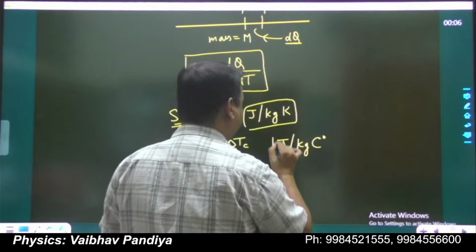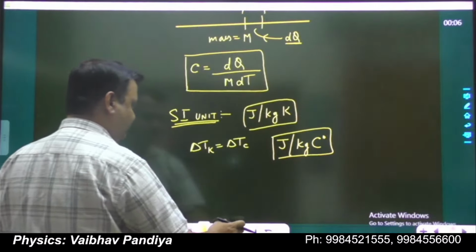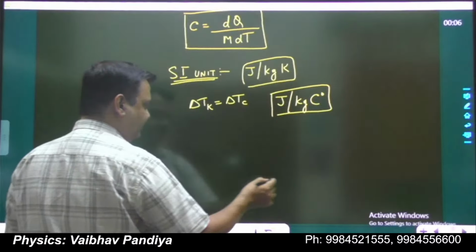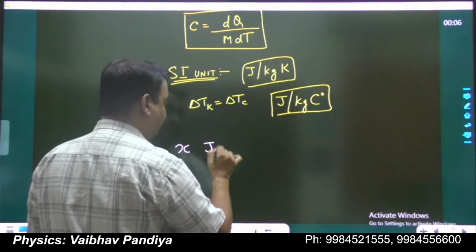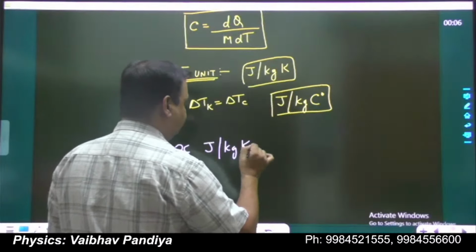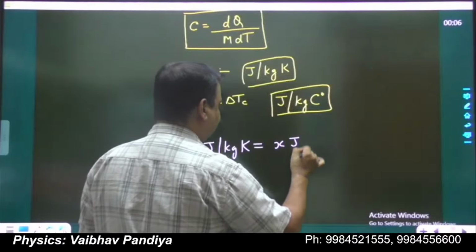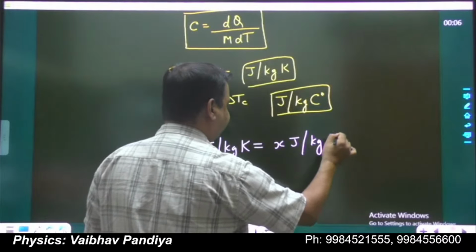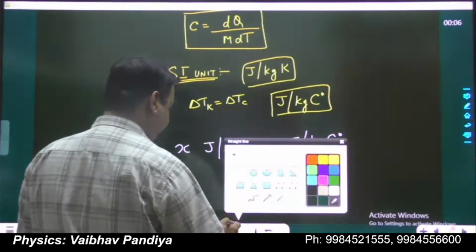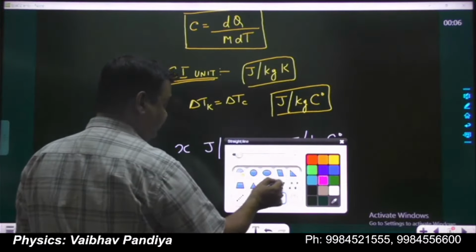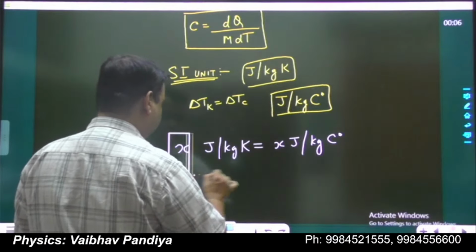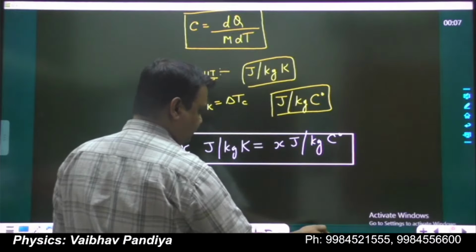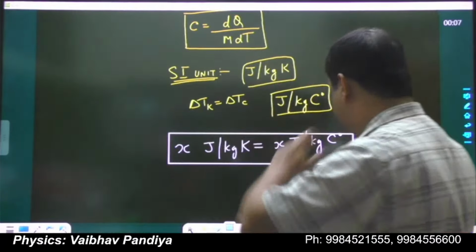These two values will have the same magnitude. So if you are given the specific heat as something like x joule per kg Kelvin, it will be the same as x joule per kg Celsius degree. Got it? Because the temperature change is the same in Celsius degree or Kelvin.